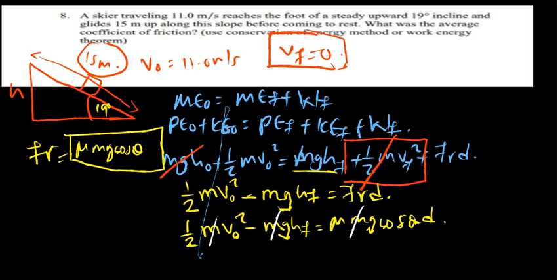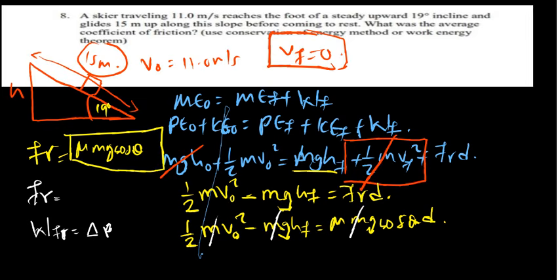You can come again, what are you saying? When you put the frictional force equal to the change in potential energy plus the change in kinetic energy, it's the same. The work done by the friction force is equal to the change in kinetic energy plus the change in potential energy. Exactly, it's the same.